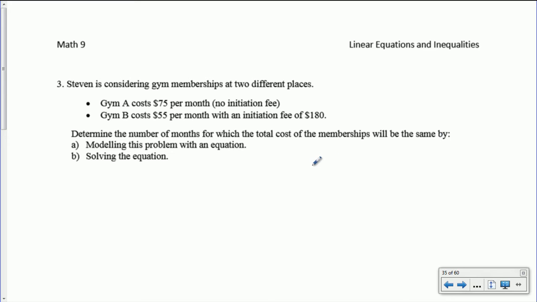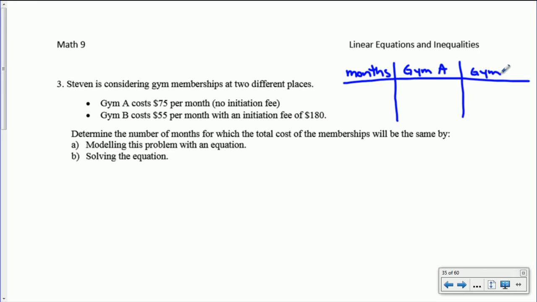So you may find it helpful, in order to figure out what the equations are for A and B separately, to just see how the rates compare. So number of months, gym A and gym B. So let's suppose I walk into gym A and say, hey, I want a membership for 0 months, let me in.